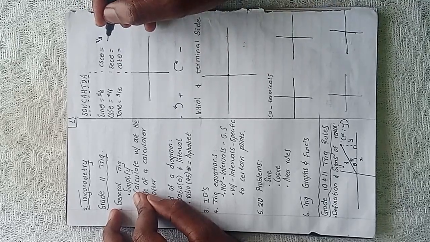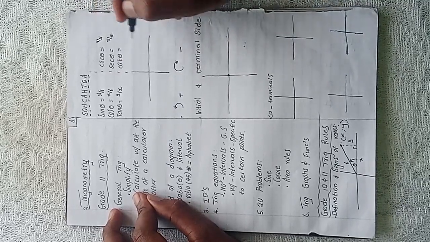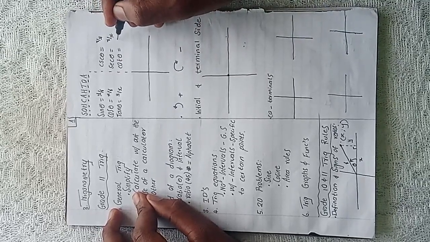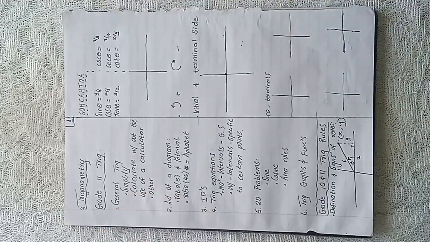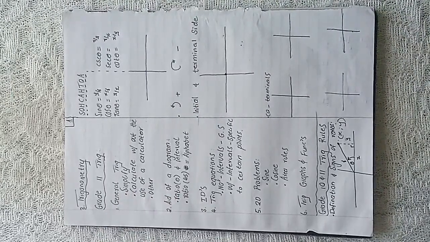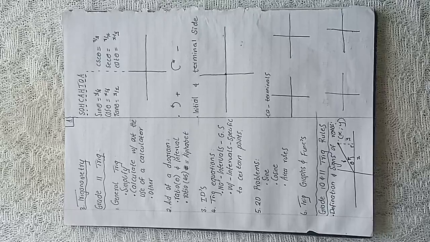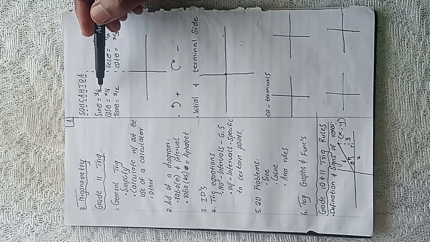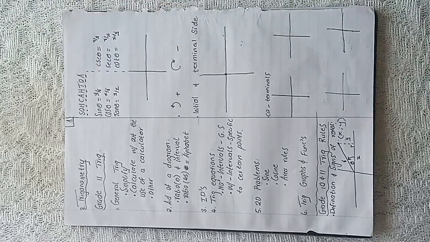Since we have x over r, here we'll have r over x, and here we'll have x over y. So these are our reciprocals. I hope everything is clear, and this is something that you did in grade 10.